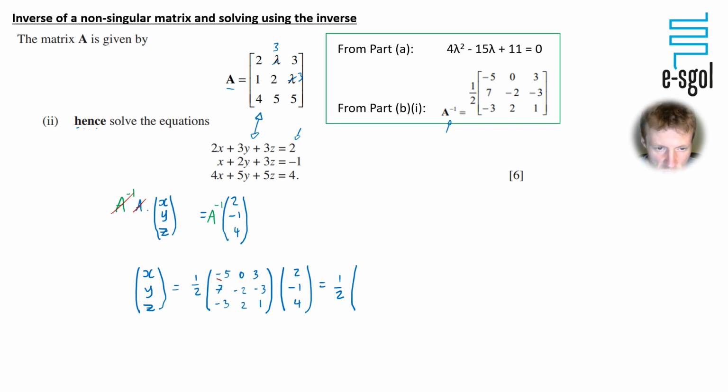Remember, you're taking each of the rows and you're going to times it by the column. So to get this first element, we're doing negative 5 times 2, and then we're adding 0 times negative 1, and then adding 3 times 4, that is giving us 2, and if we do the others we get 4 and negative 4.